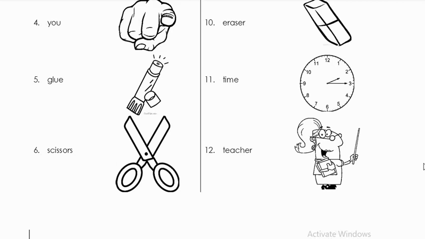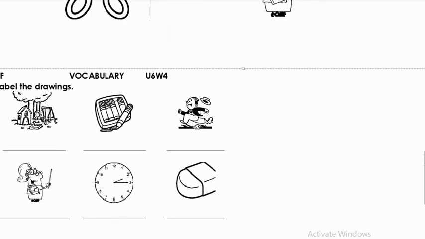T-E-A-C-H-E-R. Teacher. Don't forget that you have to color all the images, okay? And now I have an activity here at the bottom of my screen, and you will have to do this activity for homework, okay? You have this cut out.